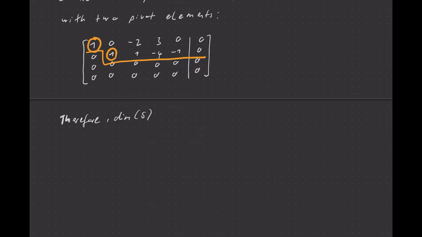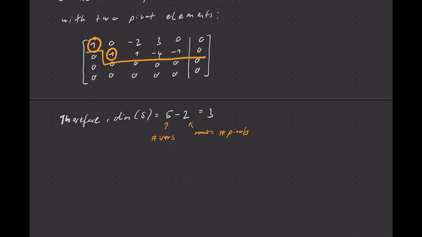The dimension of S is 5 minus 2. That's 3. And the 5 is the number of variables. That 2 here is the rank or the number of pivots. So we do know the dimension.